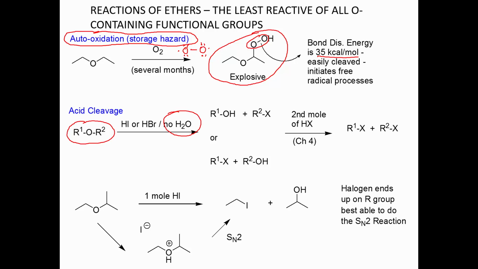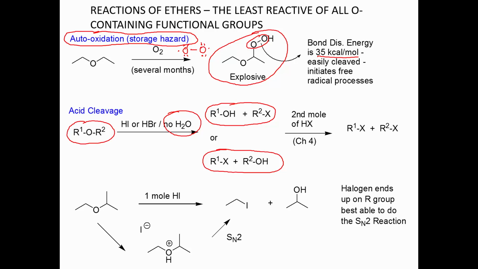Okay, so we're treating it with the gas. HI or HBr react with an ether to make an alcohol and an alkyl halide. And recognize that if the ether is unsymmetrical, there are two different products depending on who gets the halide and who gets the OH group.